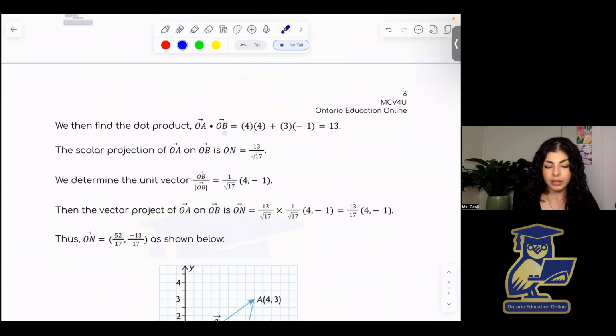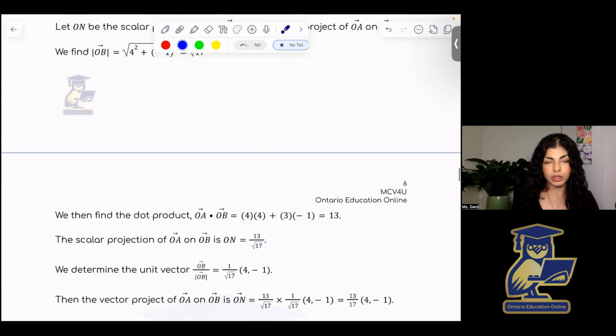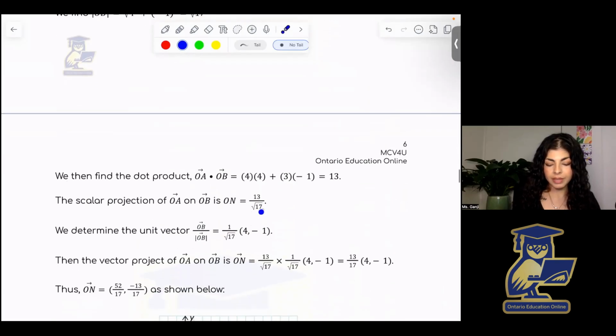Here I also find the dot product between OA and OB, which is just the x components multiplied plus the y components multiplied, which gives me 13. So the scalar projection of OA on OB is their dot product, 13, over the magnitude of OB, which is square root of 17, and ON is equal to 13 over square root of 17.